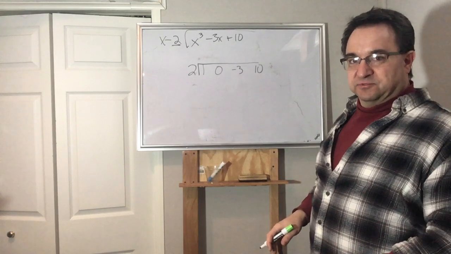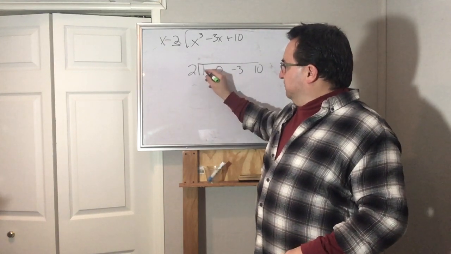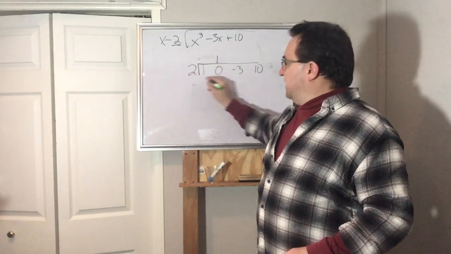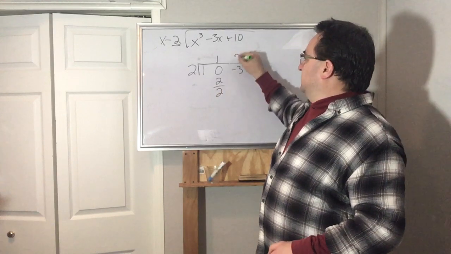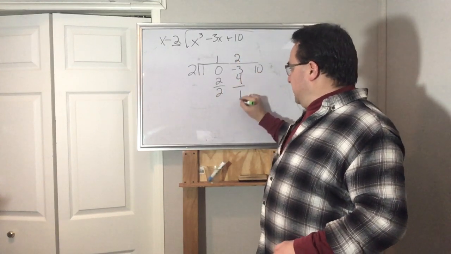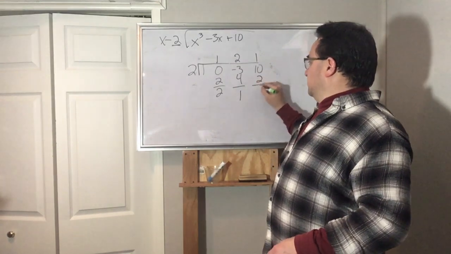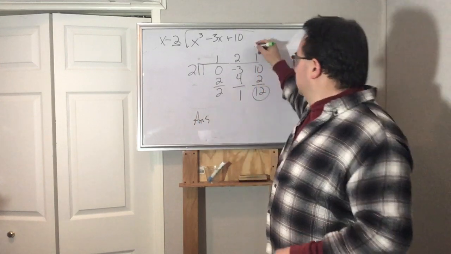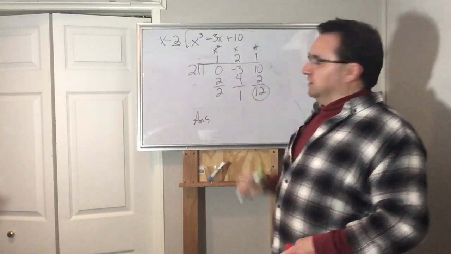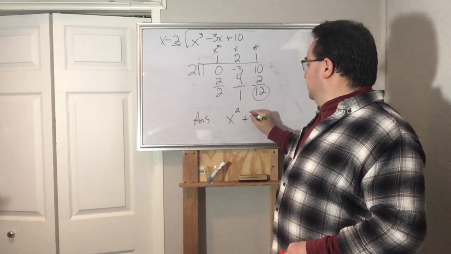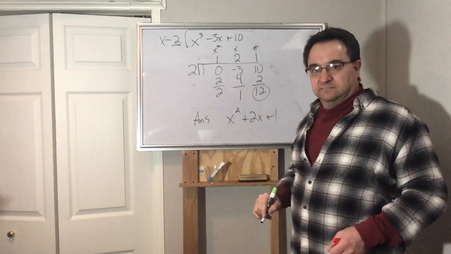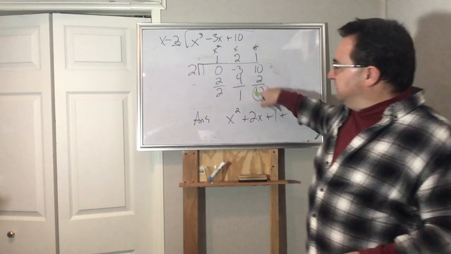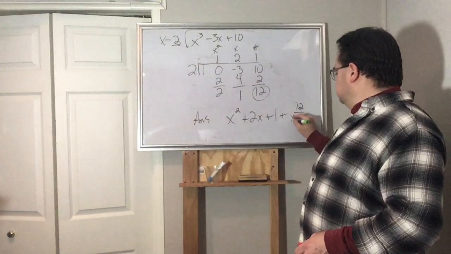There's the setup. Here's the procedure. First step, pull this up to that slot. Pull it diagonally up. That's the first number. Times, add, pull it up. Times, add, pull it up. Times, add, I'm at the end, so that's my remainder. Answer: x squared plus 2x plus 1, plus 12 over whatever I was dividing by, which was x minus 2.